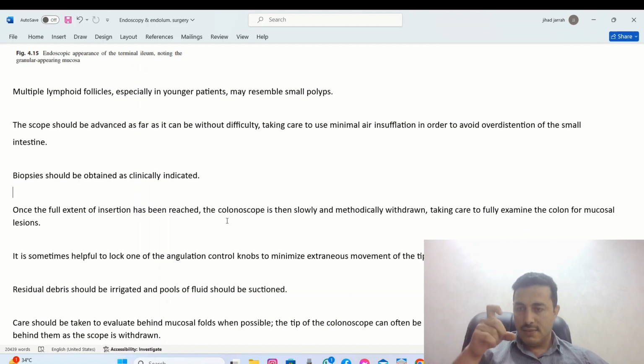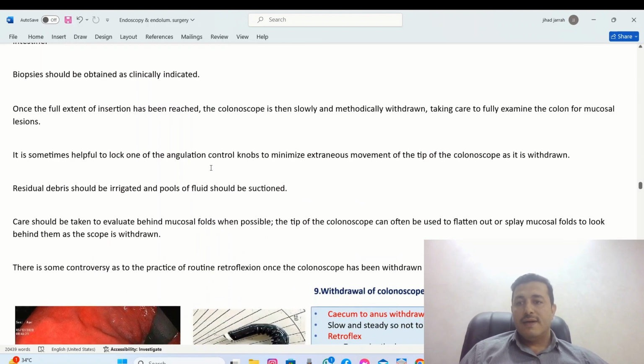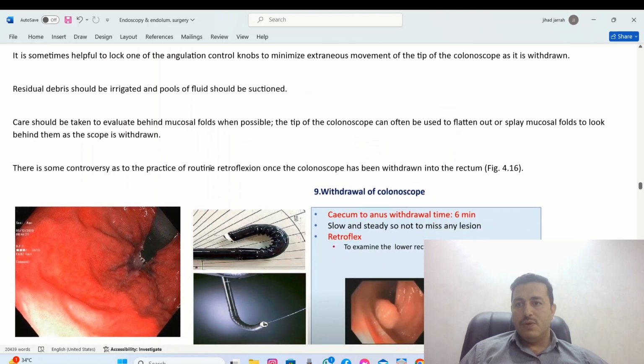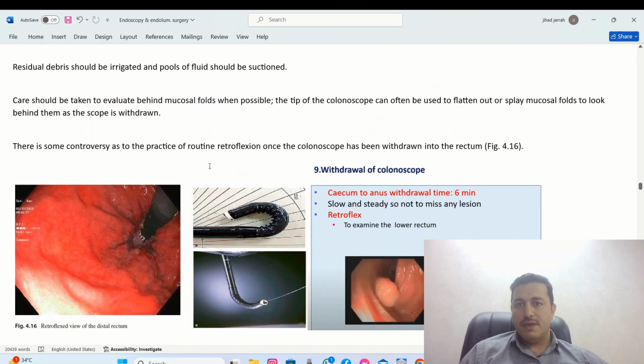We can deflect the tip, bend the scope, so we can see the lesion behind the folds. Biopsy can be taken if it's indicated, of course. Okay, what else? What else didn't we say?